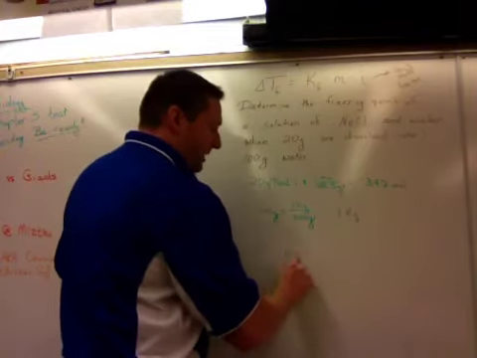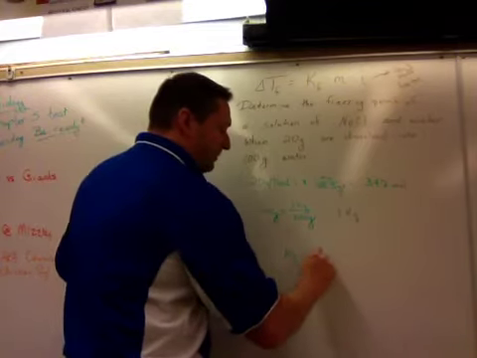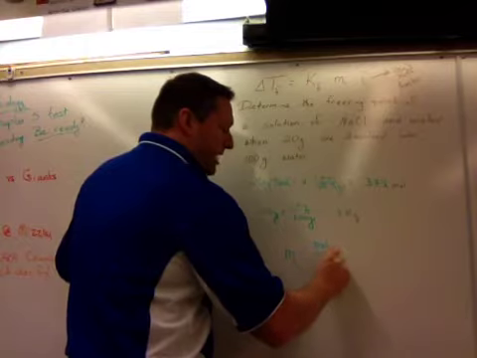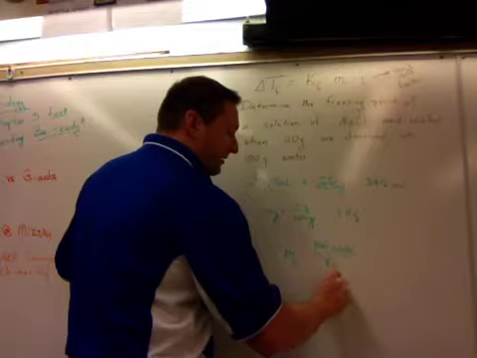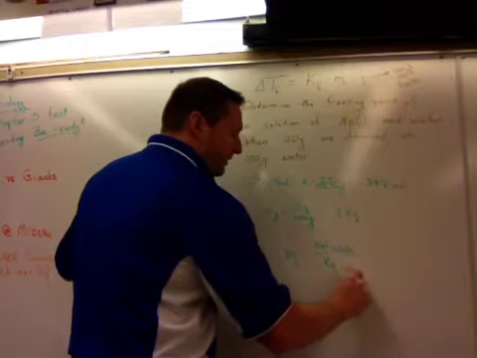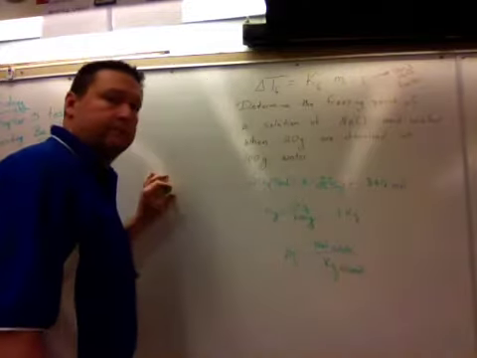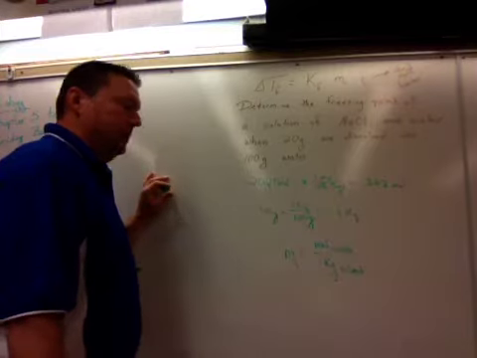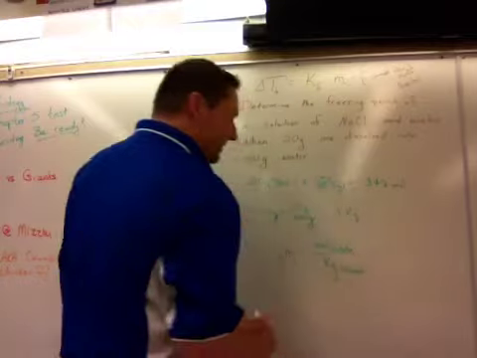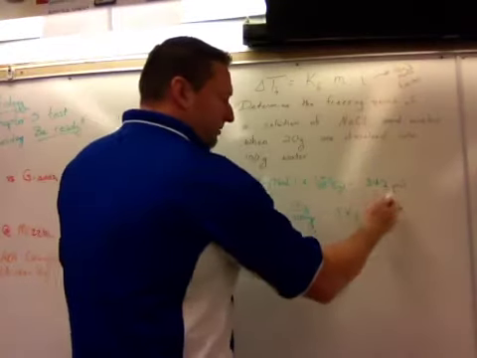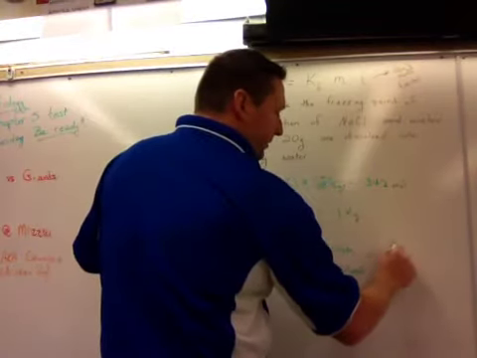Now we can plug this information into our molality. We know that molality is equal to mole of solute over kilograms of solvent. Okay, hopefully you can see that. I know I write pretty small sometimes. Our mole of solute, we already determined, is 0.342.